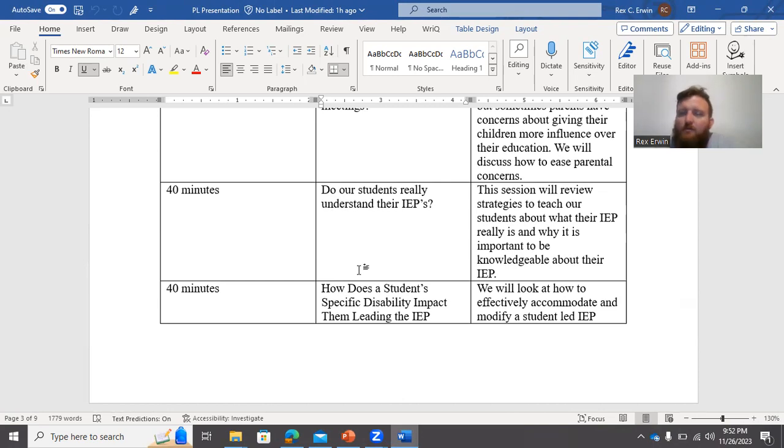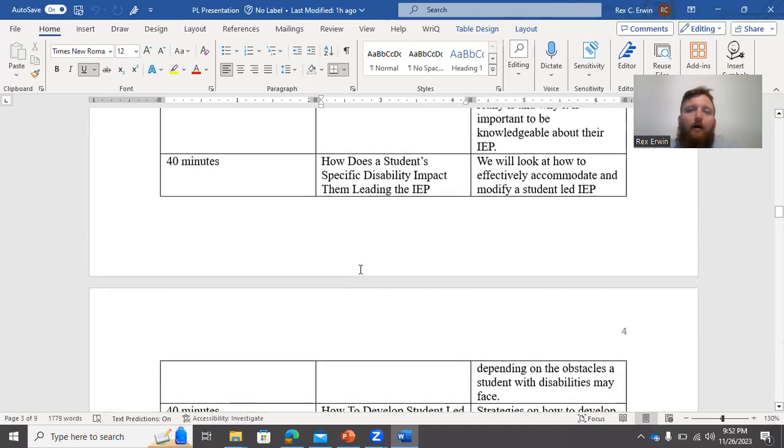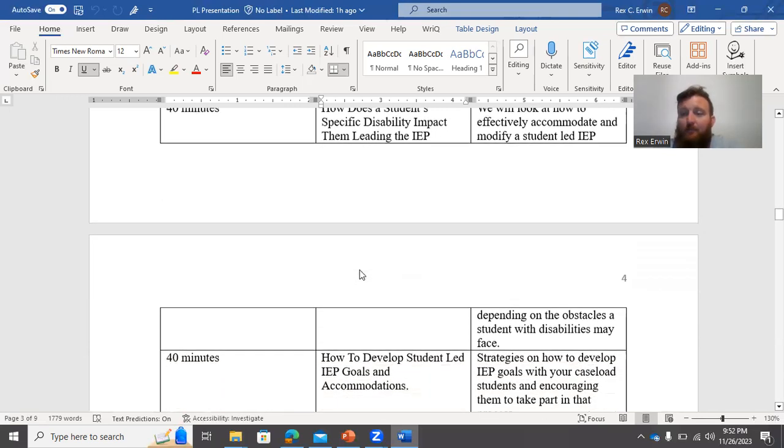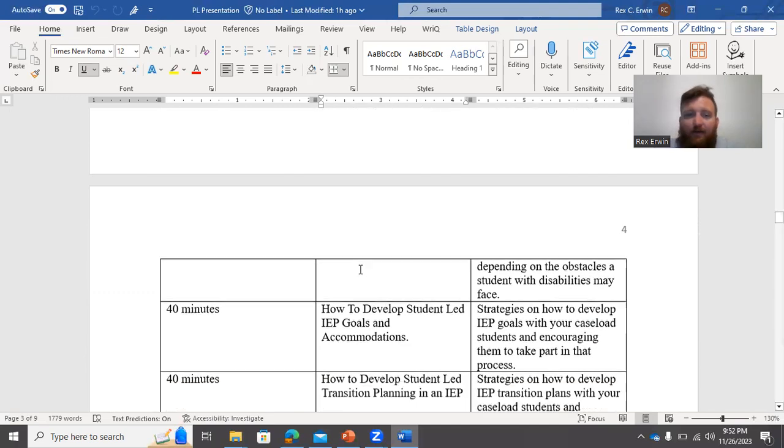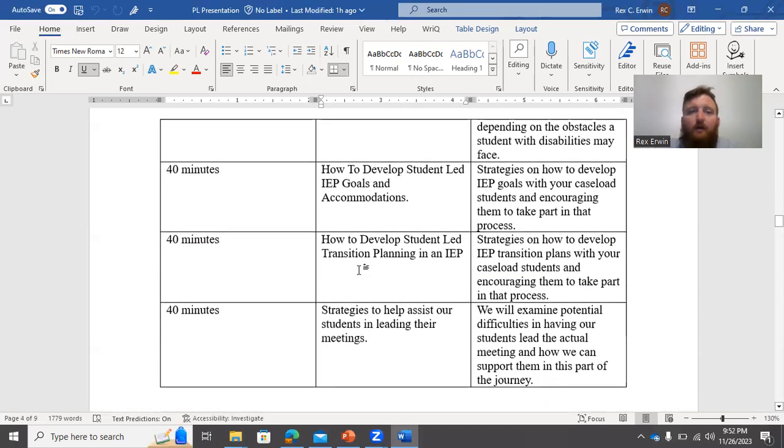Do they understand why they have it and what benefits there are for them by having the IEP? How does the student's specific disability impact them leading the IEP, whether they're nonverbal or have social emotional concerns, and ways to modify that. How to develop student-led IEP goals and accommodations, having our students really have input, letting them tell us what they struggle with.